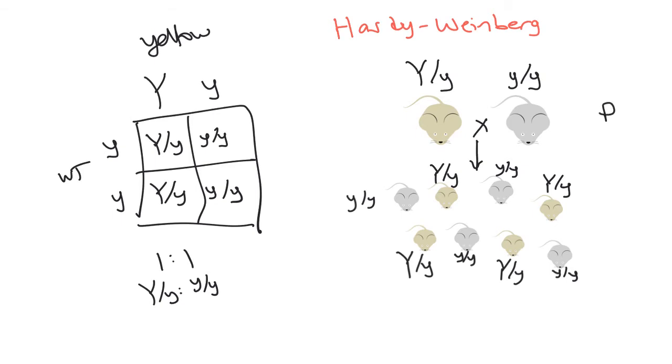So for example, here's the P0 generation, here's the F1 generation. And let's count the number of capital Y alleles and lowercase y alleles in the two generations. So in the P0 generation, there's 1 capital Y and 3 lowercase y. Now let's do the same thing for the F1 generation.